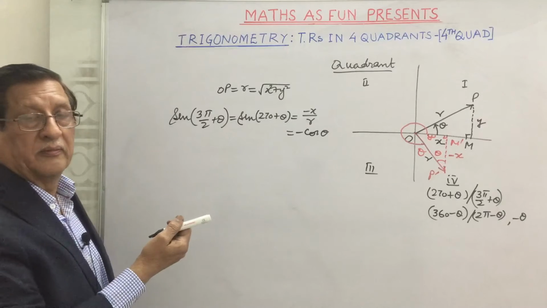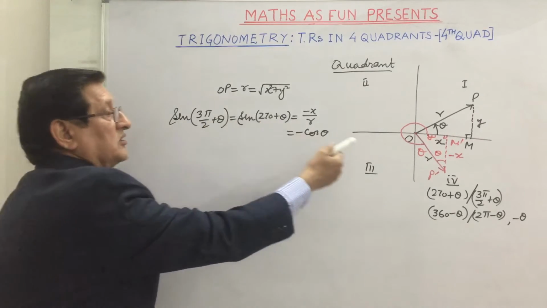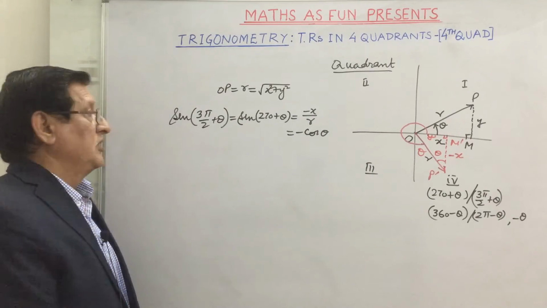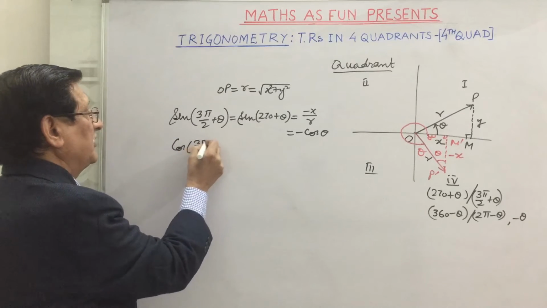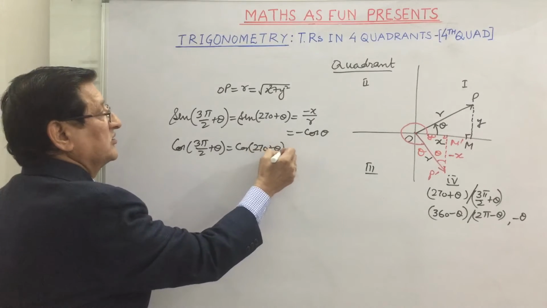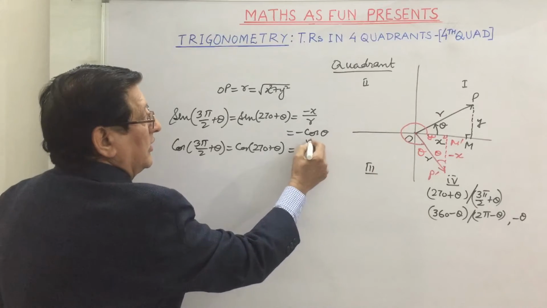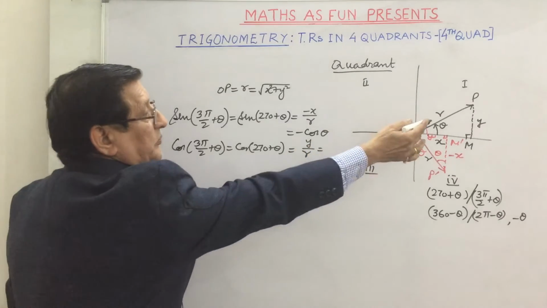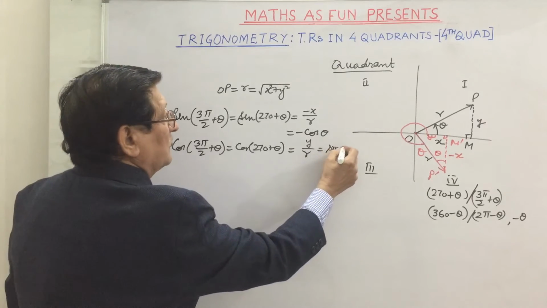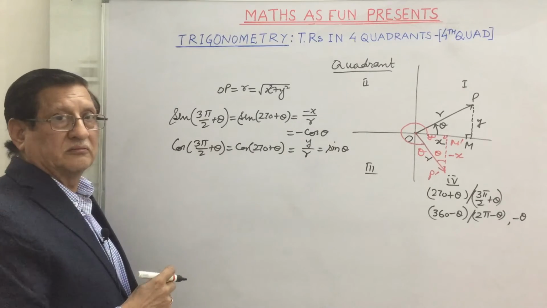Again using the ASTC rule, sin theta is negative in the fourth quadrant, and that's why the answer comes as minus cos theta. Cosine of 3 pi by 2 plus theta, or cosine of 270 plus theta, will come as y upon r, and y upon r from this triangle is same as sin theta. So cos theta being positive comes to sin theta.